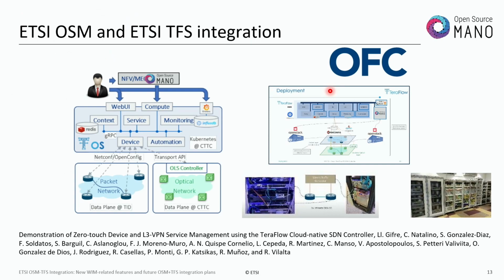Regarding the experimental demonstrations, we presented at OFC last year an initial integration between OSM and TeraFlowSDN. Here we were mainly establishing a new layer 3 VPN service. I will not go into the details, but it's just to explain that we did this integration.